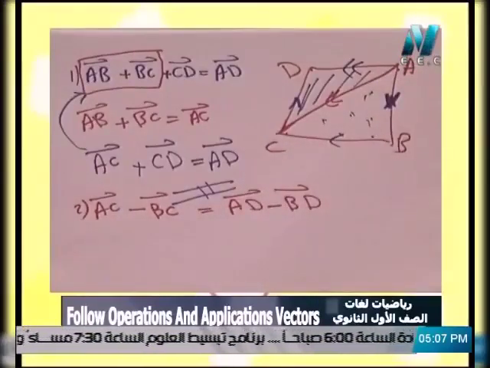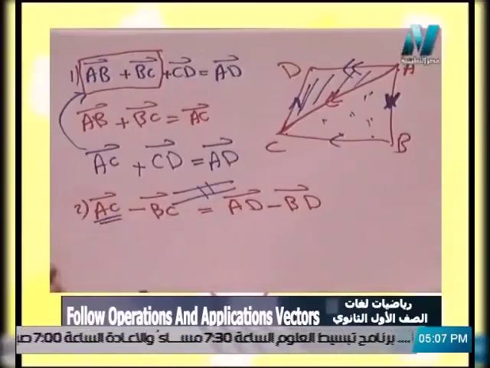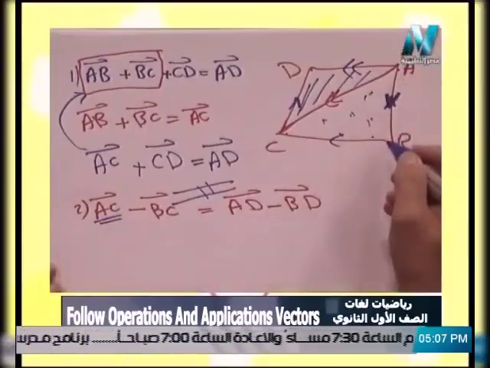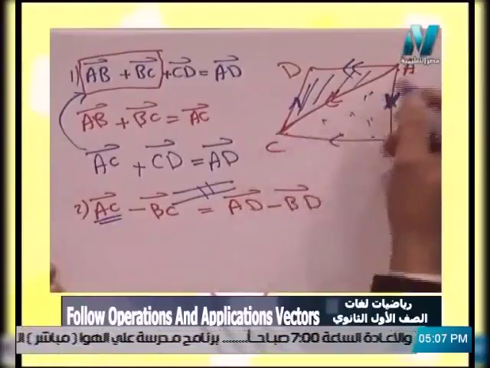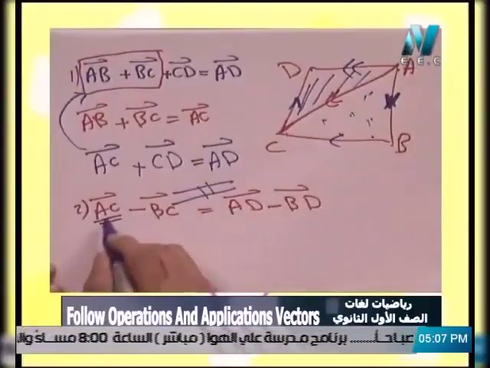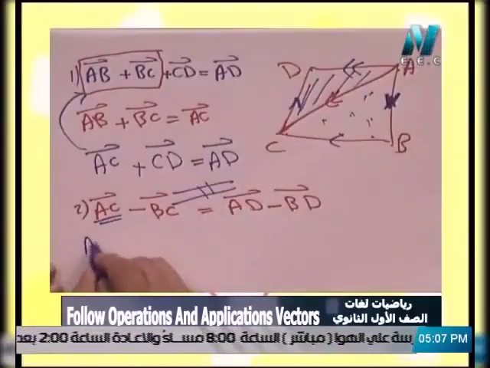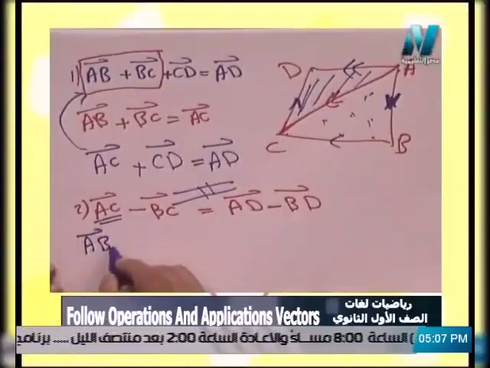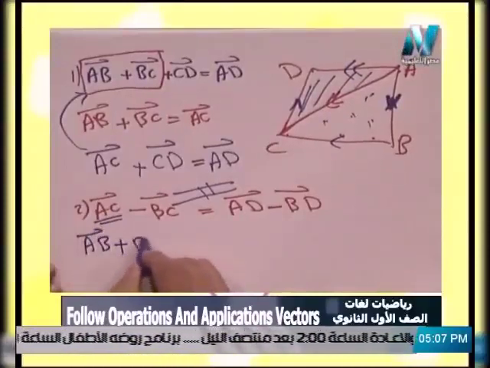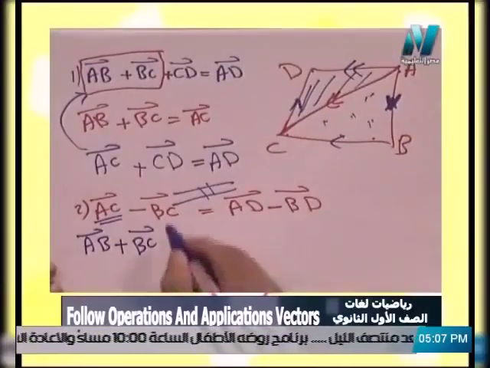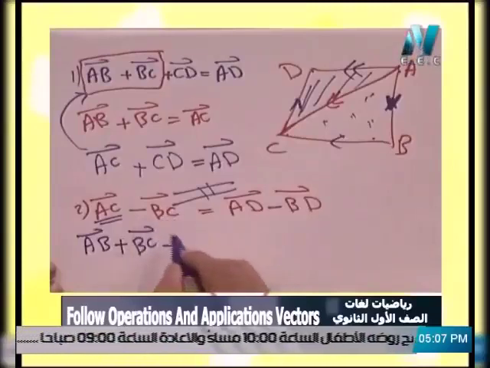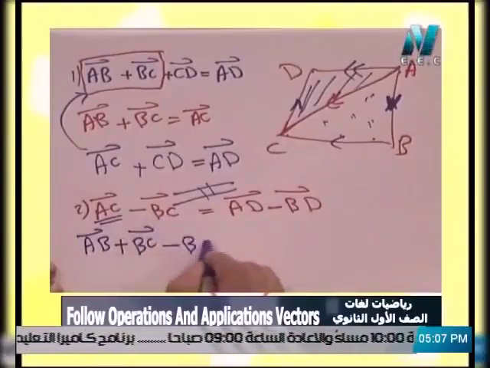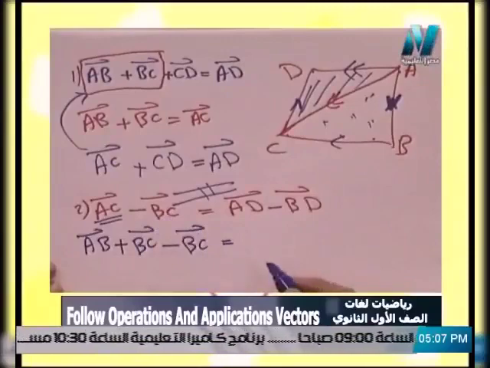So instead of AC we write the vector AB plus the vector BC, and we put minus the vector BC as it is.